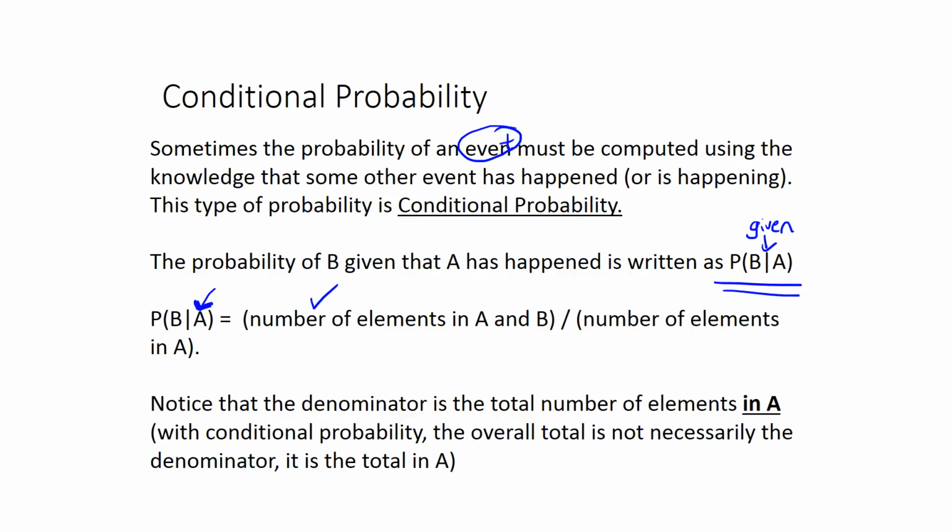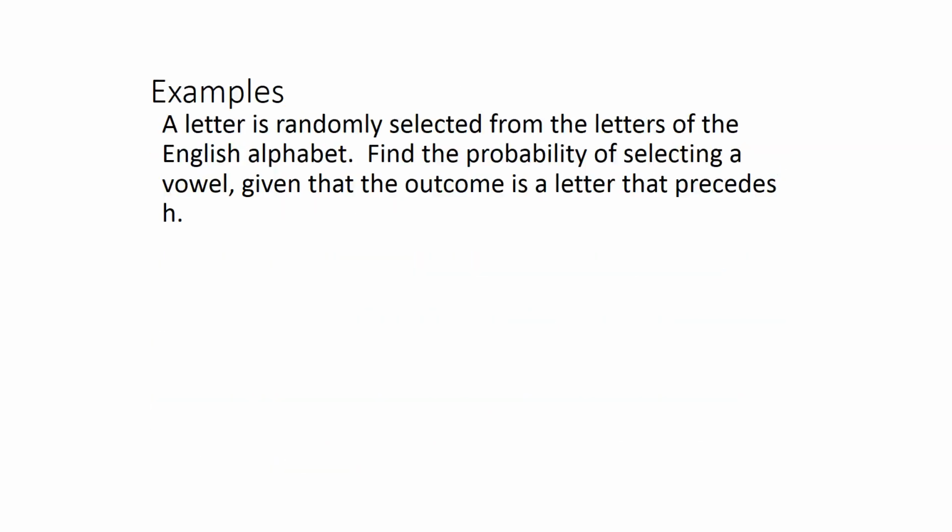It's the total in event A. So we will see that conditional probability is a bit different than standard probability.